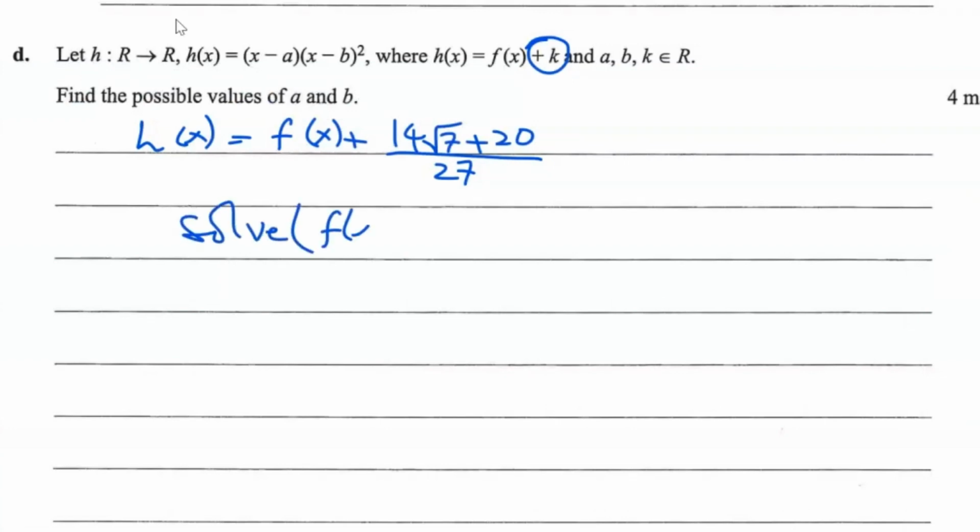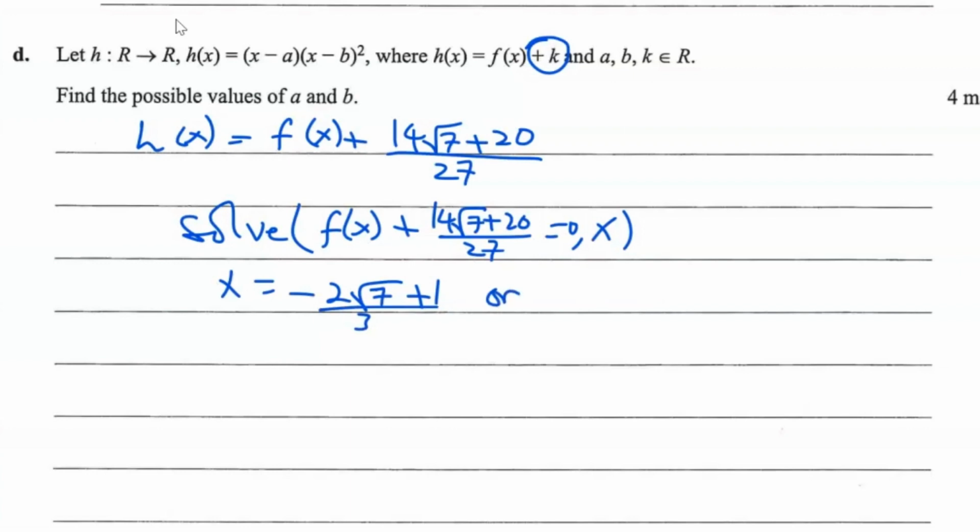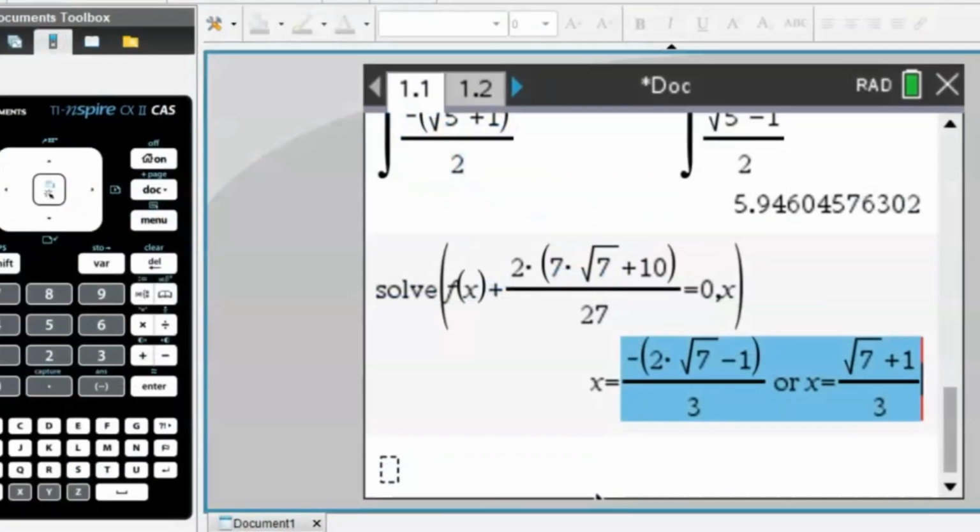If I solve for that, that gives me my x value has to be negative 2 square root 7 plus 1 over 3, or 7 square root of 7 plus 1 over 3.